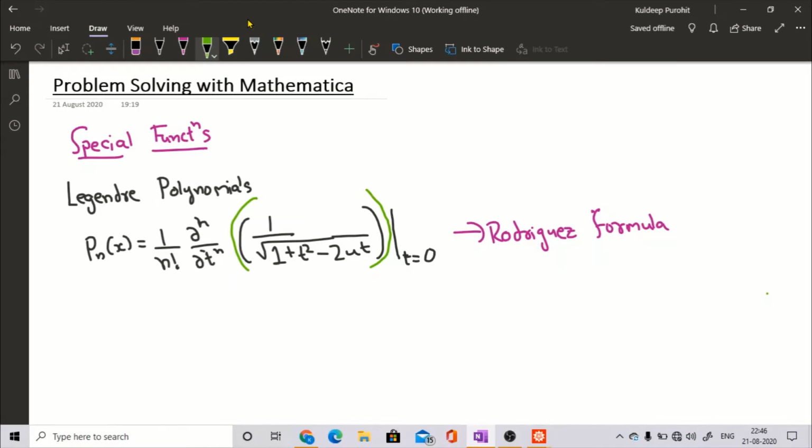Then I will take the nth order derivative of this function with respect to t, and once I have this derivative, I will divide it by n factorial and replace t with 0. So the first step is defining the quantity in the bracket. Let me open Mathematica.